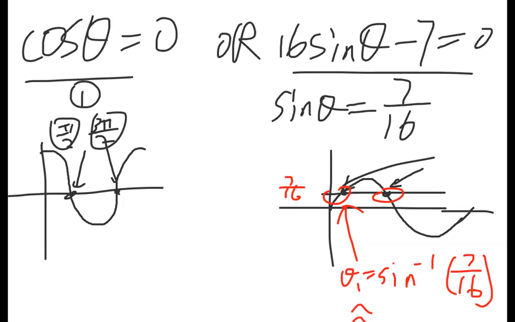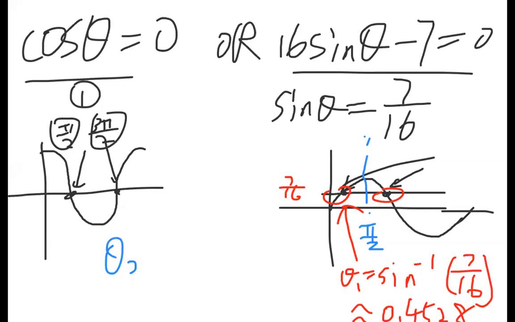Which is roughly 0.4528, right? Okay. And for the next one here, it basically has a symmetry on pi over 2. Right.